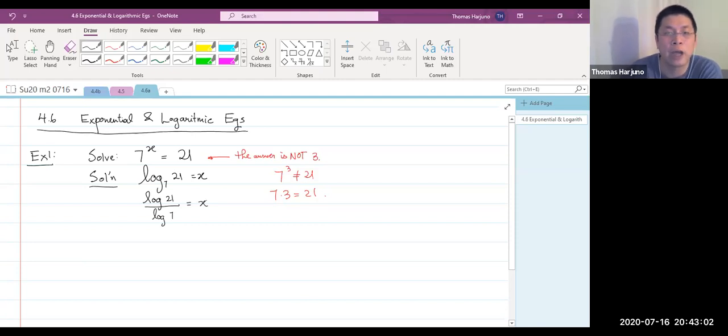Okay, then you use your calculator: log 21 over log 7. No, the logs don't cancel when you use your calculator.